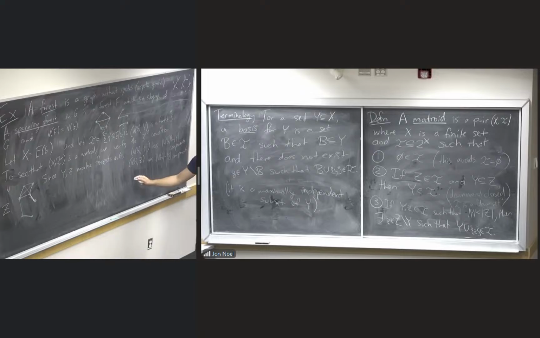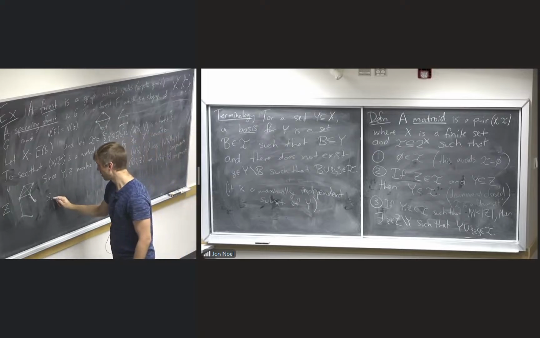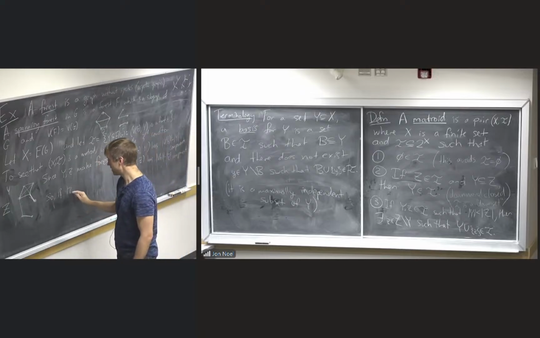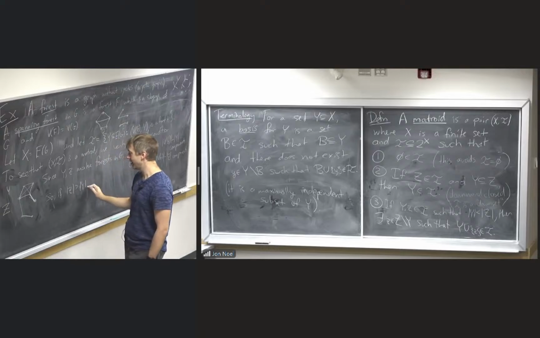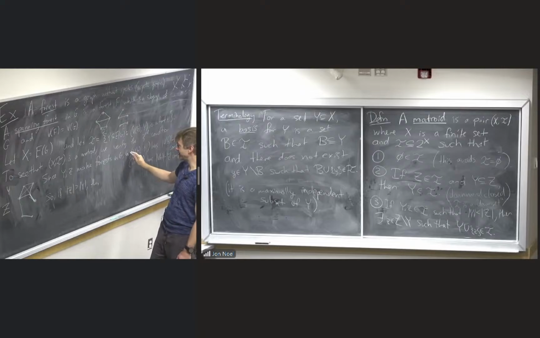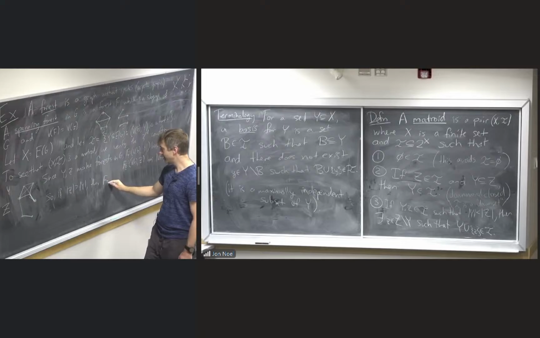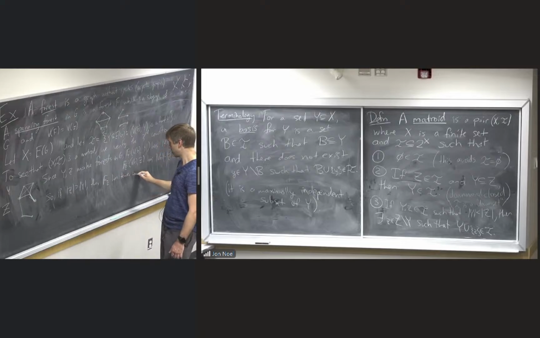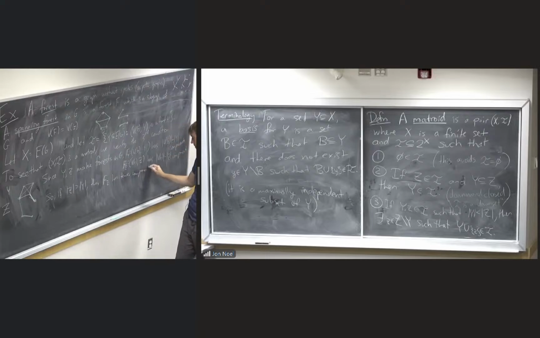So if the size of Z is bigger than the size of Y, then, maybe I'll call these graphs GY and GZ, or maybe FY for forest, then FZ has fewer components than FY.